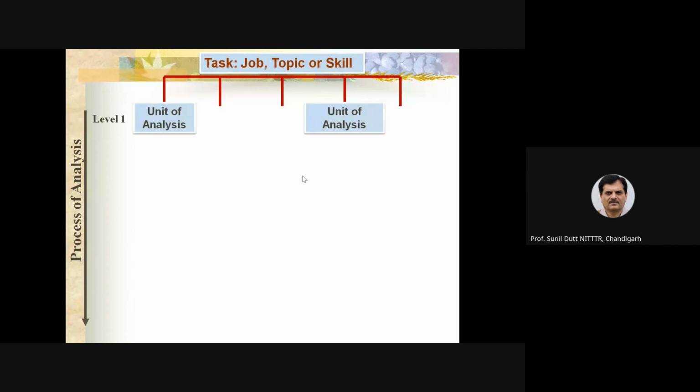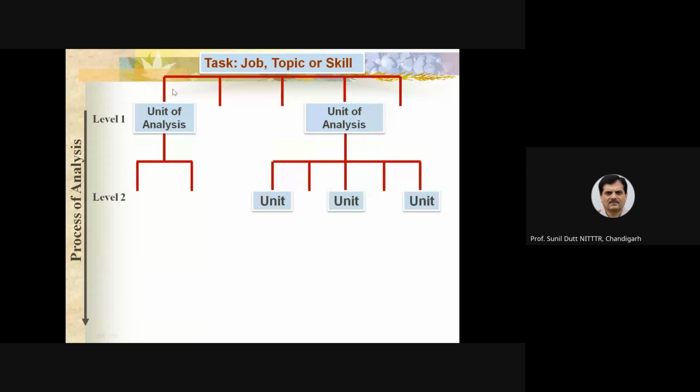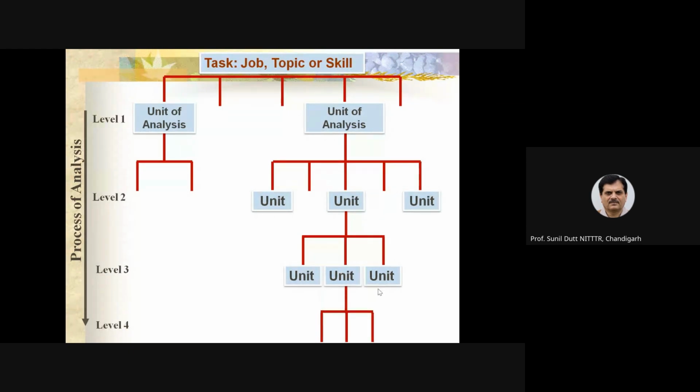This is the level 1 analysis. Then for teaching this one, you need to explain this one and this one. For teaching this part, you need to explain these 5 units. Then this is the second level. Then the third level. This can be understood only once the student is able to understand all these subunits. And level 4 and so on.